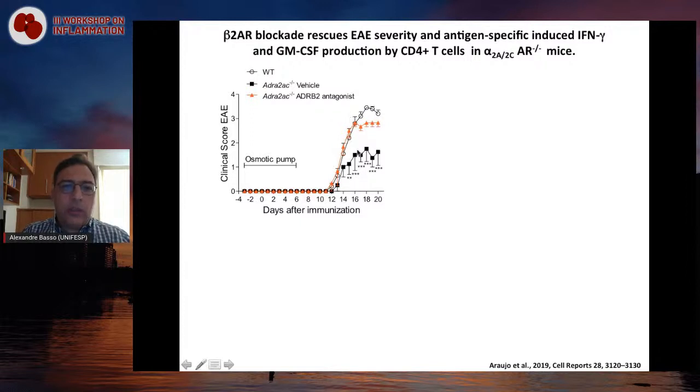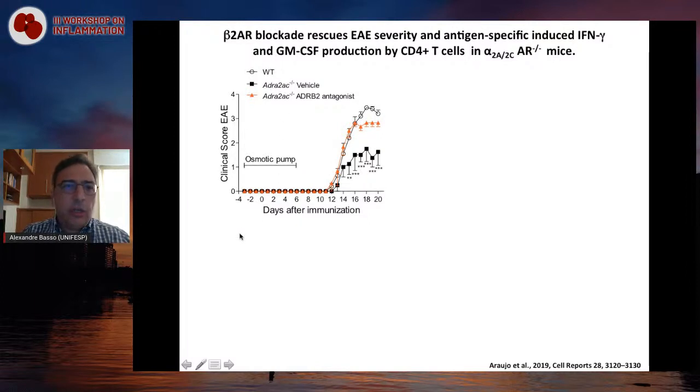So once again, we can see here that the alpha-2A, alpha-2C deficient animals develop less severe EAE. But after the pharmacological blockade during the generation of the adaptive immune responses, these animals with the hyperactive sympathetic nervous system develop very similar EAE as compared to wild type animals.